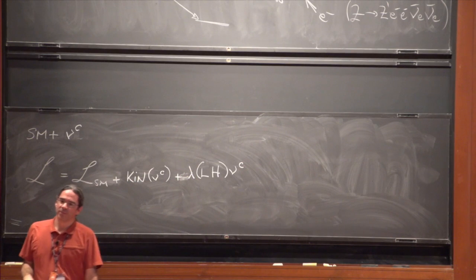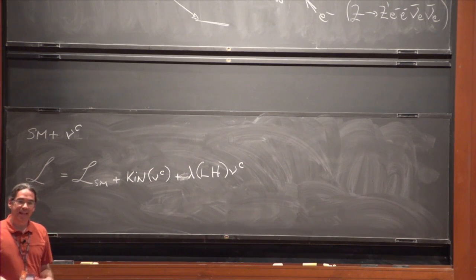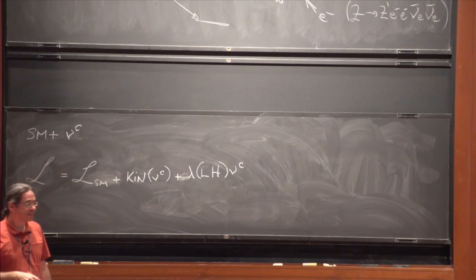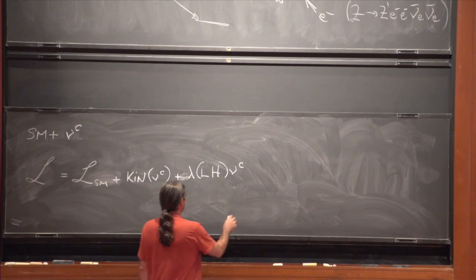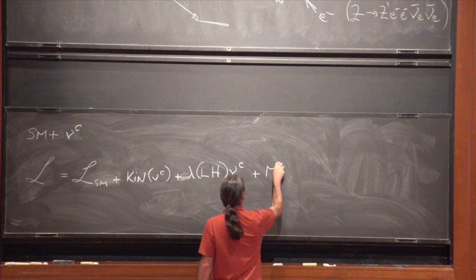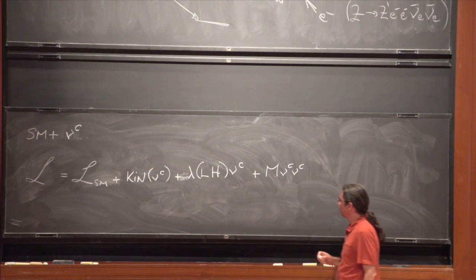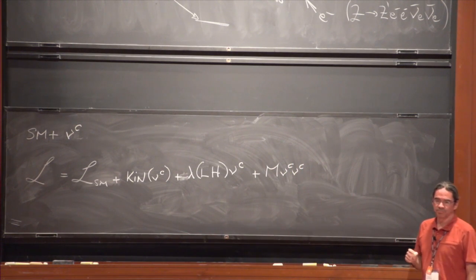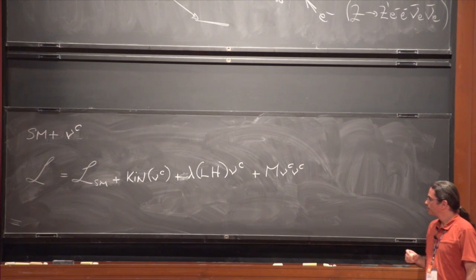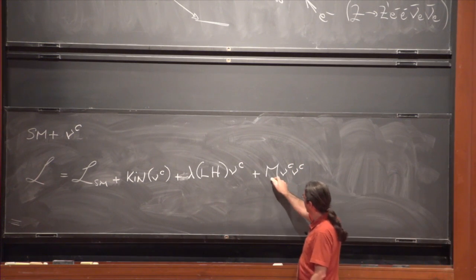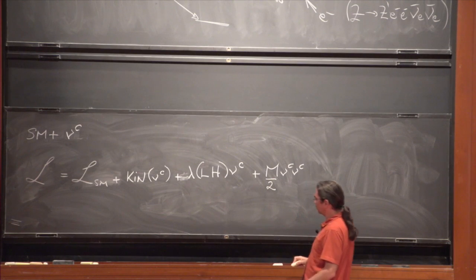And finally, you remember that this guy is a gauge singlet, so it's actually allowed to have a Majorana mass that looks like this. Okay? And I put a factor of 2 here because I wanted to define this mass properly.